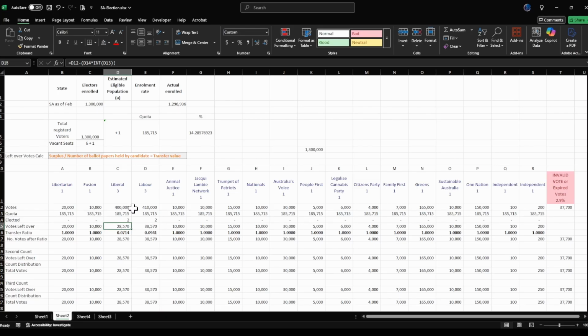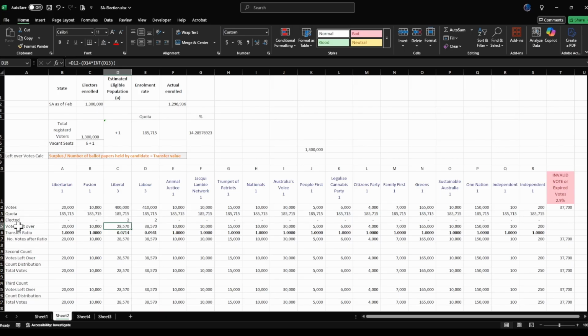The whole 400,000 votes need to have their preferences shifted. So they need to shift the whole 400,000, not just the 28,570 that are left over, because they can't determine which one of these votes or their preferences goes where.